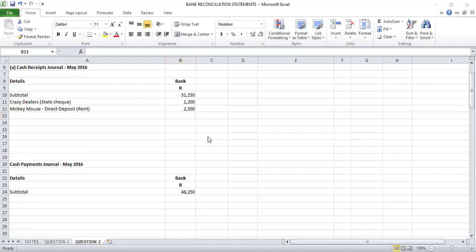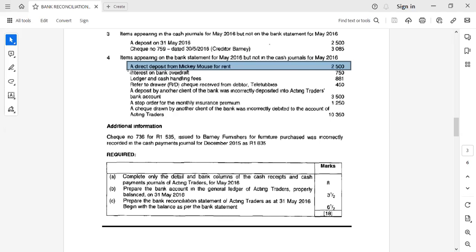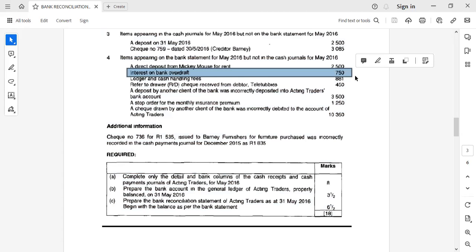Then interest on bank overdraft. If you have a negative balance, you will be charged interest. That means you pay the bank, so that is a payment. But if it was interest on a positive bank balance, it would be a receipt because we receive the interest from the bank. But if you have an overdraft, you pay the bank because you'll be owing, you'll be having a negative balance.